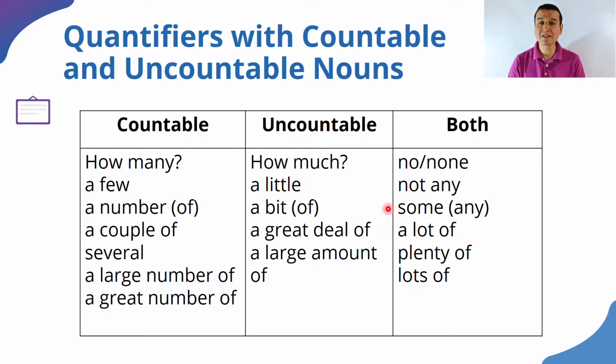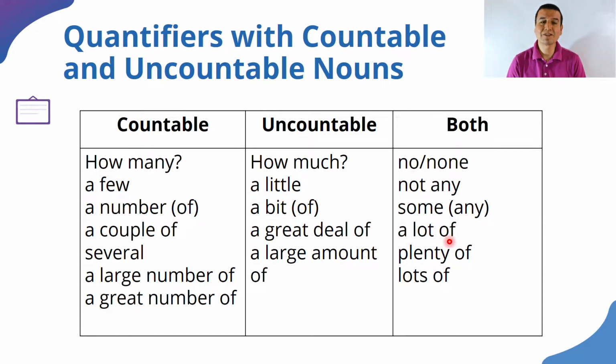All right? And other options are not any, or some, or any. Remember that some we use for affirmative sentences, and any we use for questions and for negations. I want some water, and I could ask somebody, do you have any water? Or I don't have any water. So that's the difference between some and any that we have reviewed in some other instances. Next, a lot of.